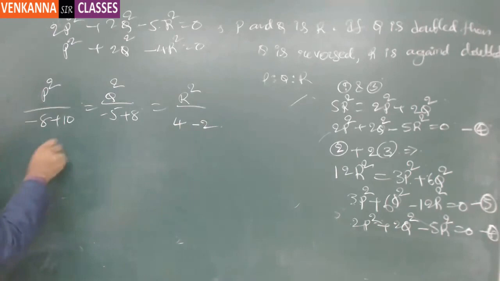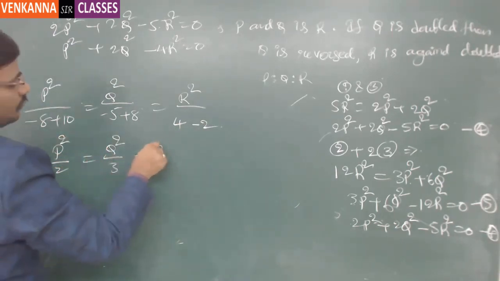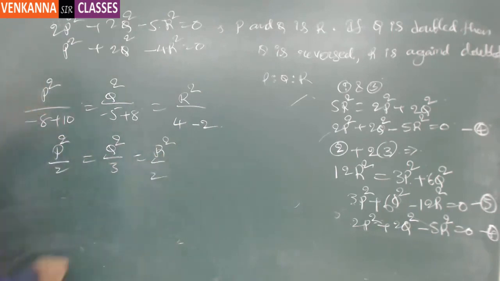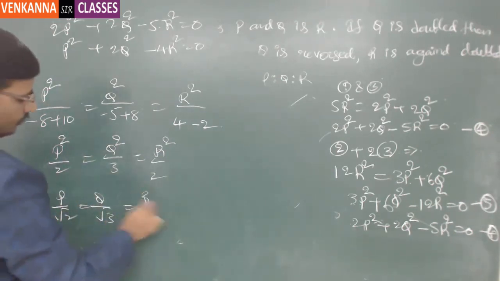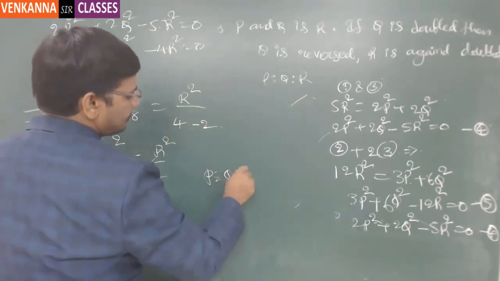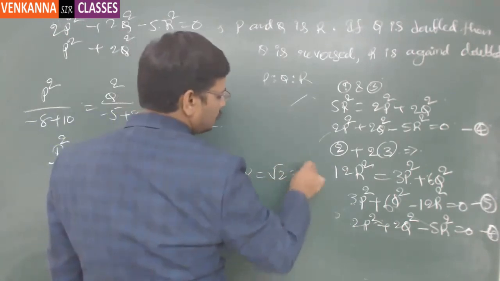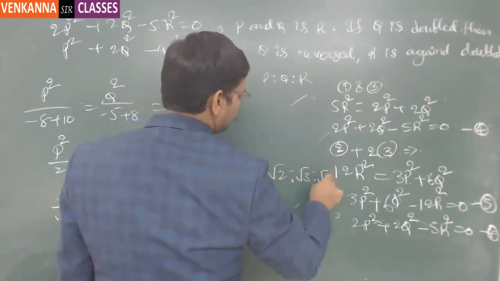So this is p square by 2 equal to q square by 3 is equal to r square by 2. If you take square root of this entire thing, p by root 2 equal to q by root 3 equal to r by root 2. So p is to q is to r is equal to root 2 is to root 3 is to root 2. So this is the answer.